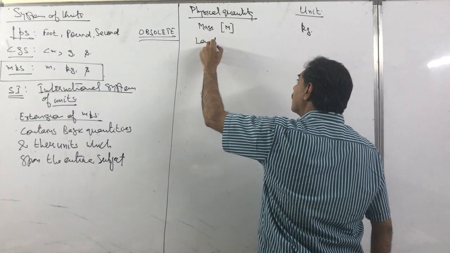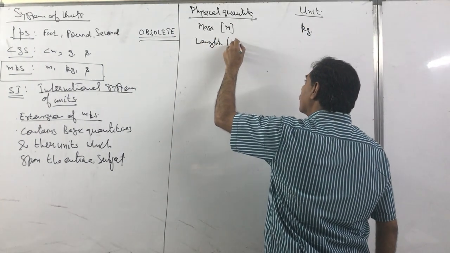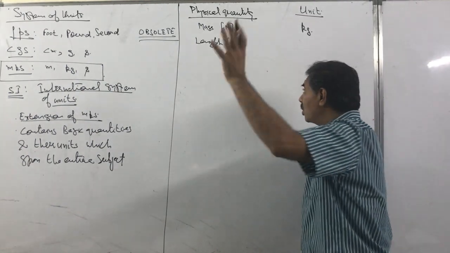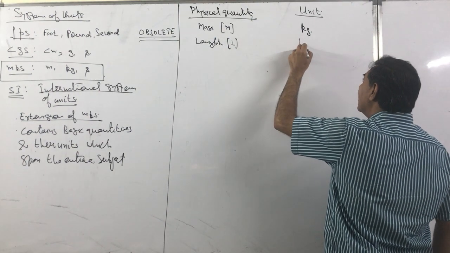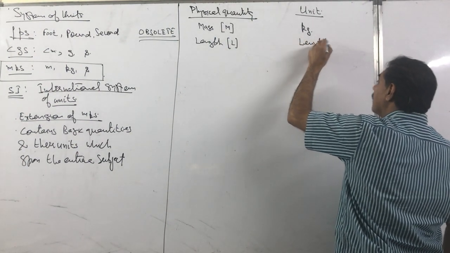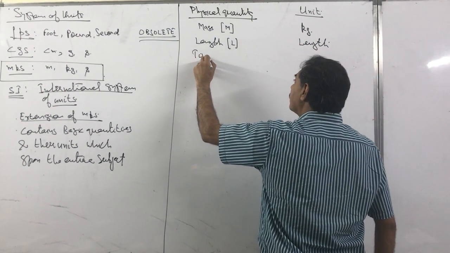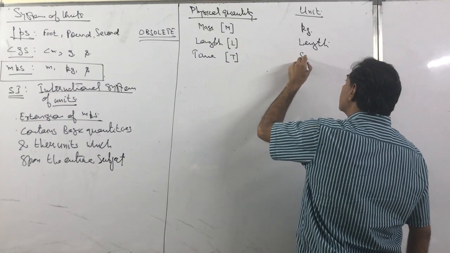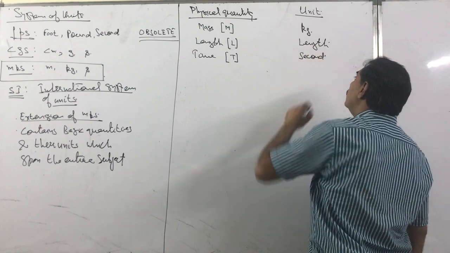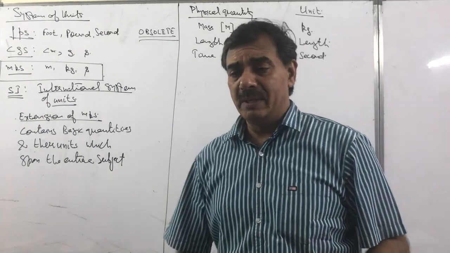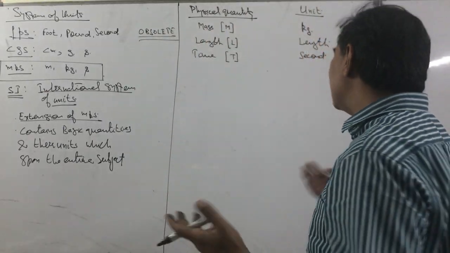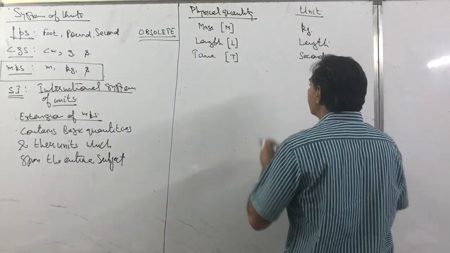Length, written as square bracket L, and its unit is meter. Time, and its unit is second. Do not write SEC, that means secant theta or something, you know. We can write simply s.